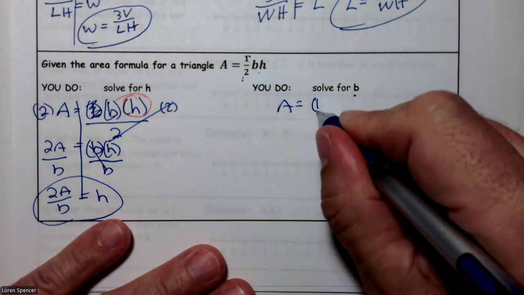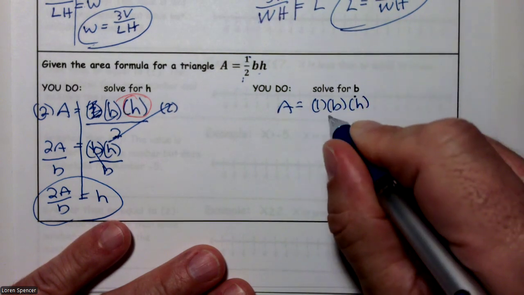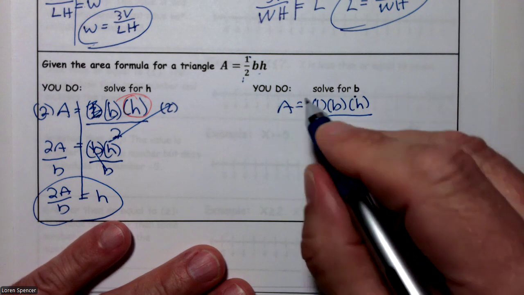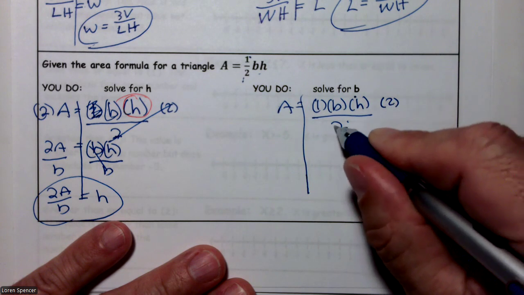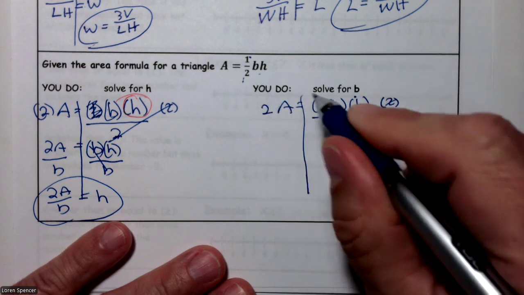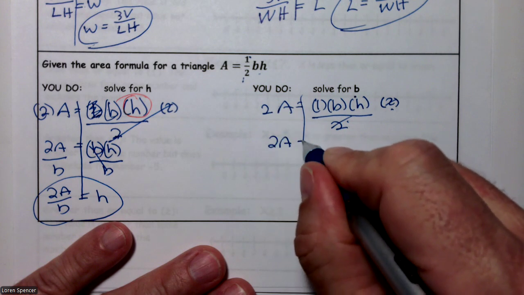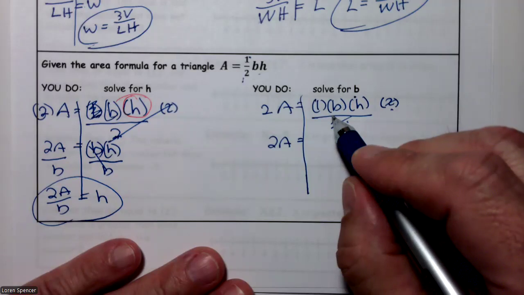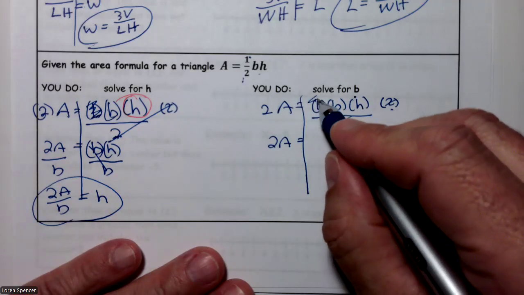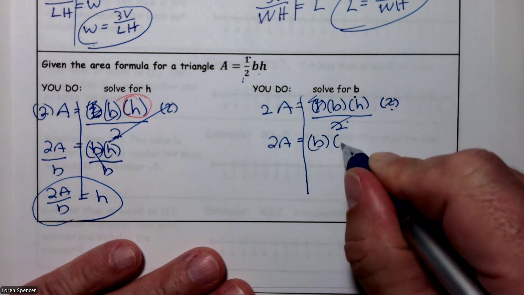And we're going to write 1(b)(h). The 2 in the denominator bothers us. So this drops off. Make sure we multiply both sides by 2. Now we have 2a, and 1 times 6 is 6, 1 times 10 is 10, 1 times 100 is 100, 1 times b is b, so I don't need this 1. So b, h.